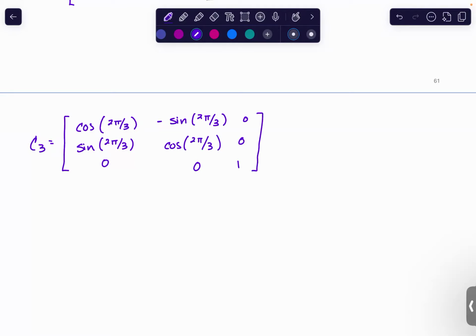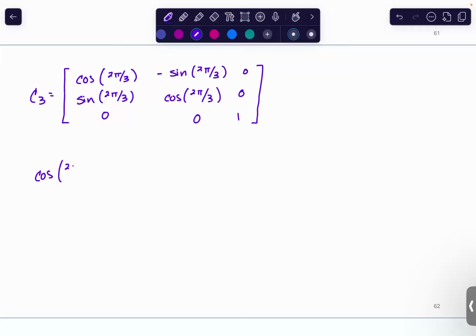This is the way I usually denote it. I want you to also know that you can replace all those trig functions, and some books do this. Cosine of 2 pi over 3 is a negative 1/2. Negative sine 2 pi over 3 is the negative square root of 3 over 2.